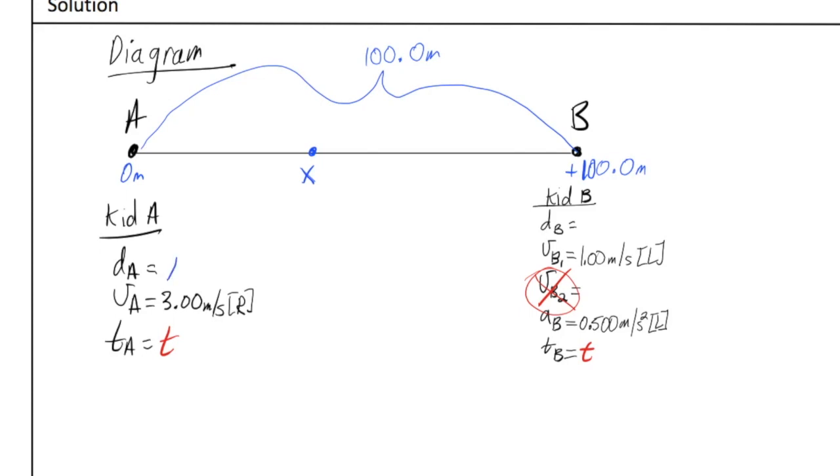So that's going to be x minus 0. Now, over here, I'm actually going to eliminate right, and I'm going to make that value positive because they're collinear, and that means they're moving in the positive direction. For kid B, it's the final position minus the initial position, x minus 100. And for VB, I'm going to turn that left into a negative, and the same with the acceleration.